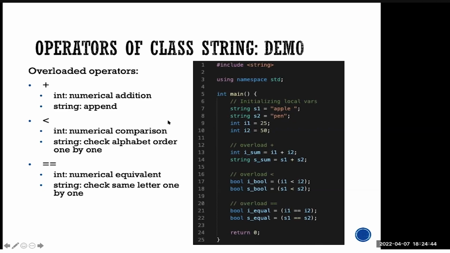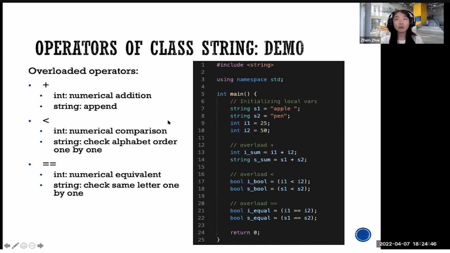All right. So here's an example of how the operators are different comparing integer and string. A very short example where we created 4 objects at the top. We have 2 strings, S1 and S2. We have 2 integers, I1 and I2. They all have their initial value. String 1 is "apple " with a space, and string 2 is "pen".